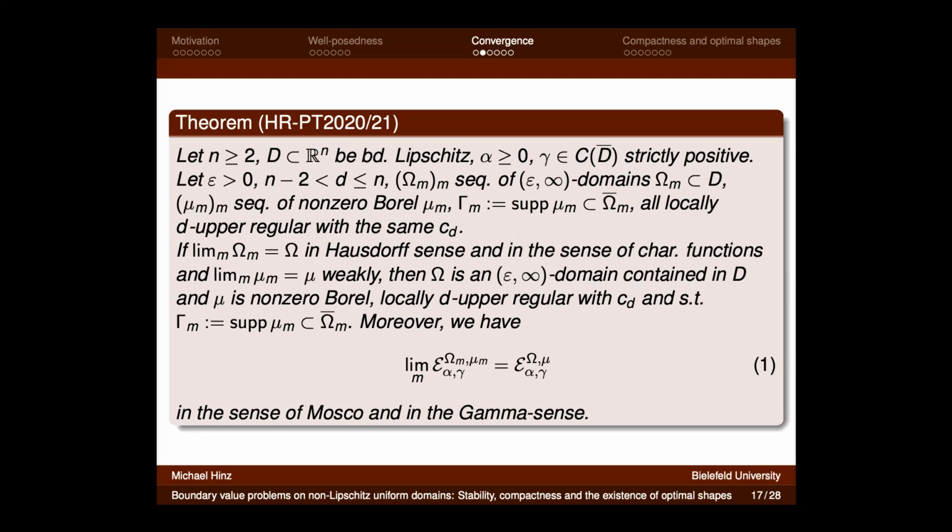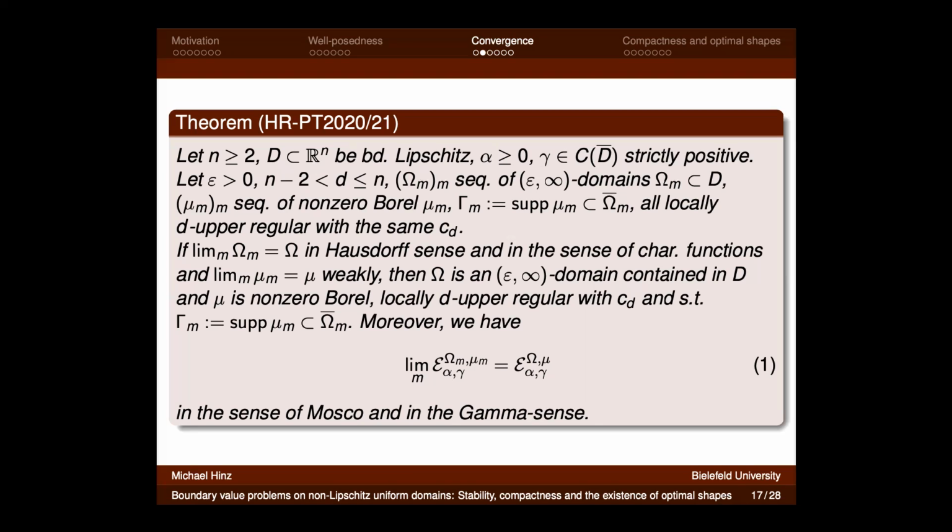Then, if the domains converge in the Hausdorff sense and in the sense of characteristic functions, and we have weak convergence of the measures, then we can say that also the target domain, which we don't know so far, is going to be an epsilon infinity domain with the same epsilon. It's going to be contained in D, and the target measure, the limit measure, is going to be a non-zero Borel measure, locally upper d-regular with the same constant C_d.